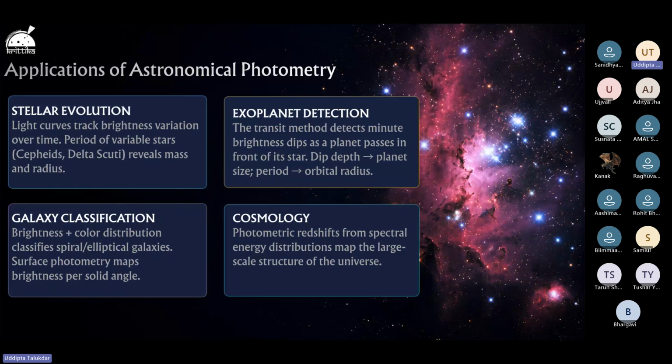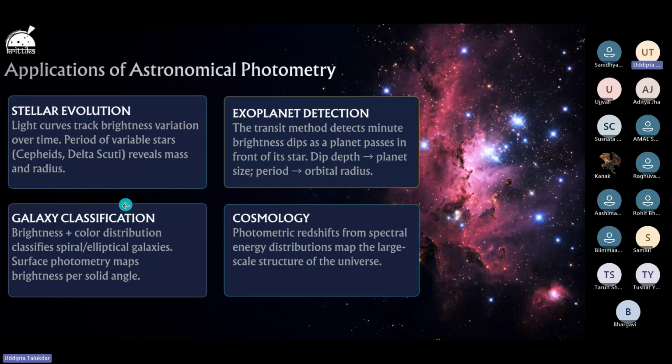Kepler found thousands of exoplanets using exactly this phenomenon, pure photometry, and no fancy equipment was required beyond a good camera. Next one is also pretty awesome, galaxy classification. Galaxies have different shapes and different brightness profiles. Photometry maps how brightness is distributed across a galaxy, which tells you what type it is.